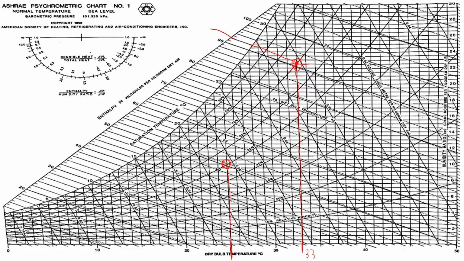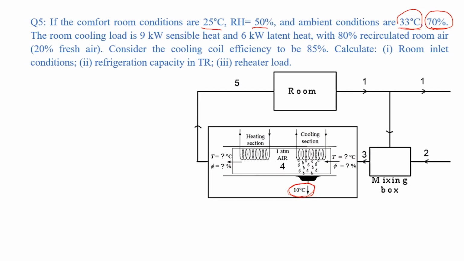So connecting the ambient with the room outlet will give us the mixing box. So we can take other data such as the enthalpy and omega. So in this case, the ambient is point number 2 and the room outlet temperature is point number 1. So we can draw the mixer here.